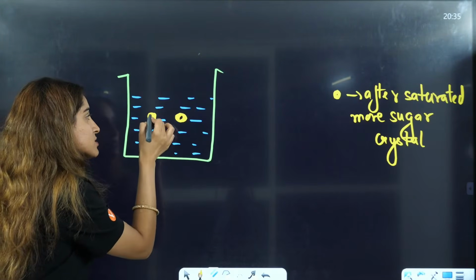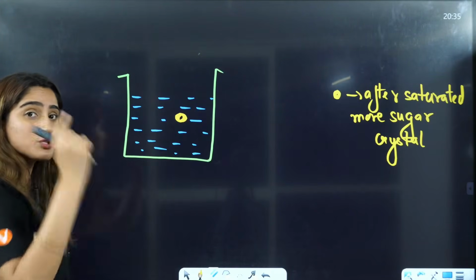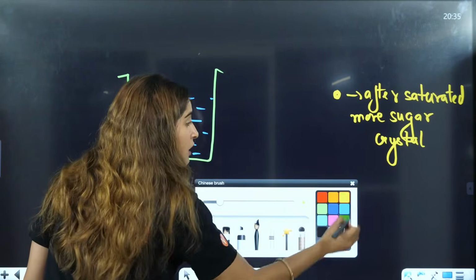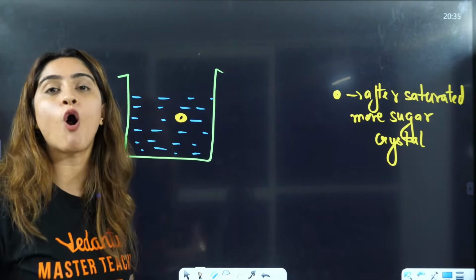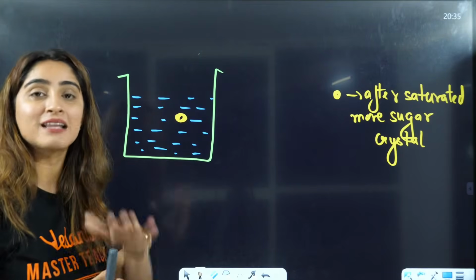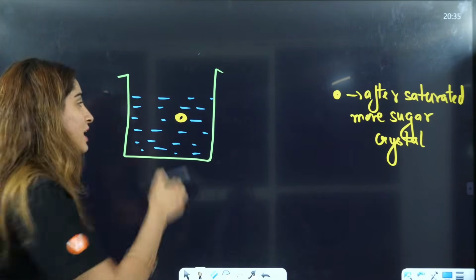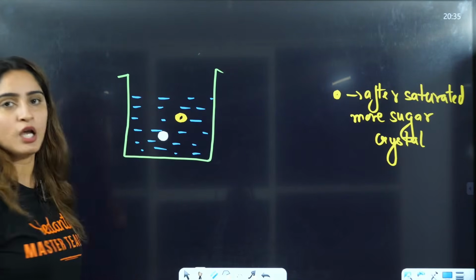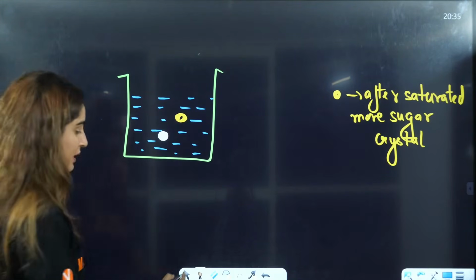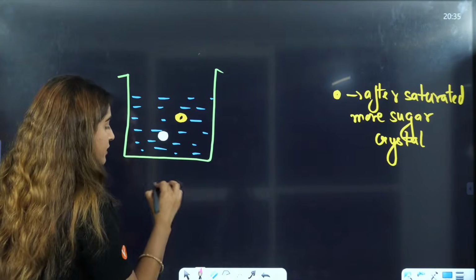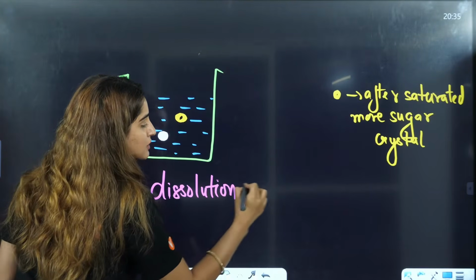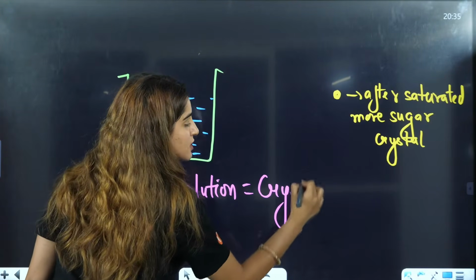This sugar crystal will be dissolved, that is the process of dissolution. But at the same time, one already dissolved sugar crystal will crystallize. That will come back to its original form. So, 2 processes are happening here. One is dissolution, other is crystallization.